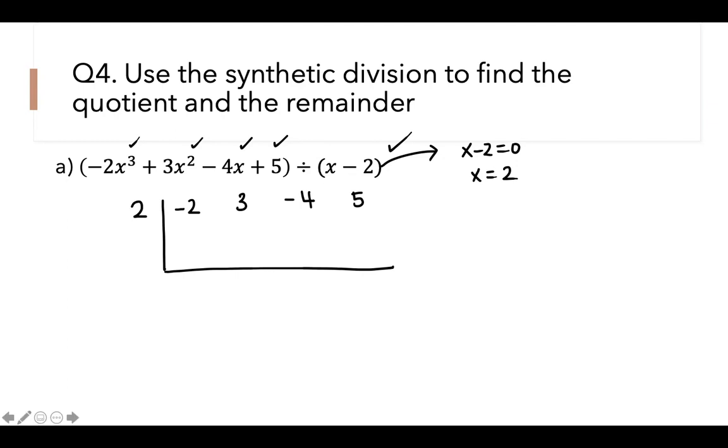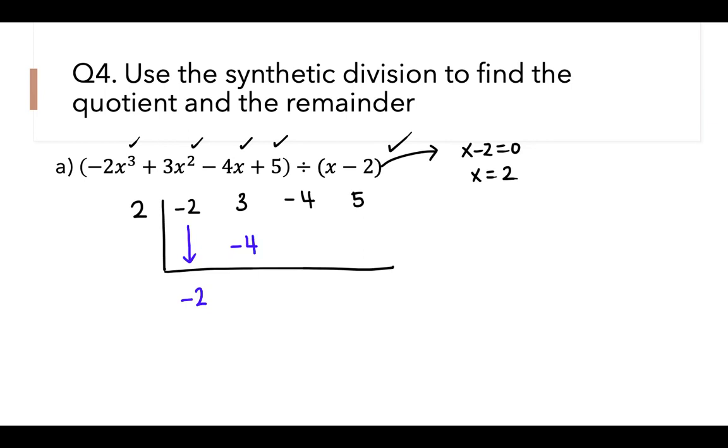Let's do the synthetic division. First step, the coefficient for the first term just comes down automatically: negative 2. And you're going to multiply your divisor zero, 2, times negative 2, which will give you negative 4.